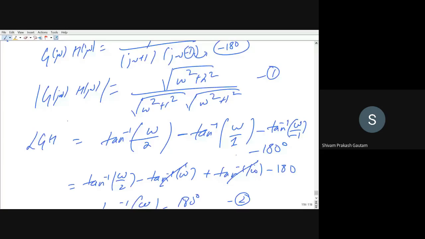So 2. Correct, because if you put omega equal to 0, the numerator is 0 and we are left with only 1 in the numerator, and the denominator is under root of 2 square, which will be 2. So at omega equal to 0, our magnitude is 2.